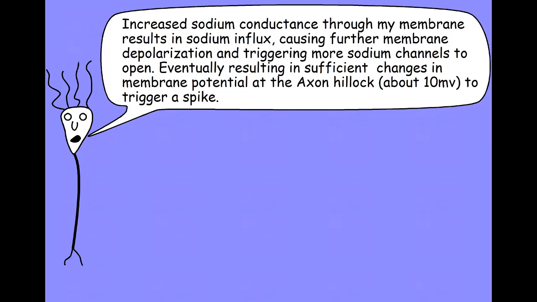Eventually, if there's continued depolarization, there'll be significant changes in the membrane potential that goes into the cell body and ultimately at the axon hillock. If membrane potentials at the axon hillock cause depolarization of about 10 millivolts, so say from negative 65 to negative 55, that will trigger a spike or an action potential at the axon hillock.